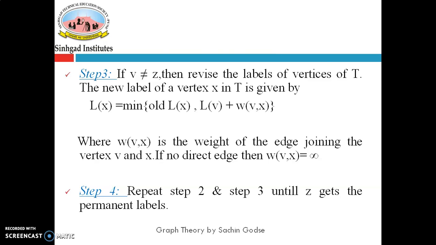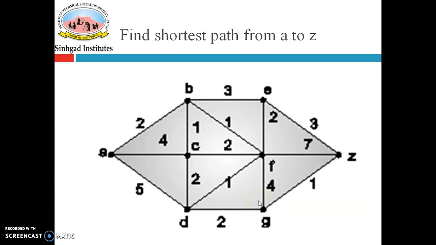Unless and until the destination vertex becomes a permanent label, you have to repeat steps 2 and 3. Now this is the actual problem, the actual graph, where these are the vertices A and Z. It is a weighted graph; you can see that each and every edge is assigned a certain weight.